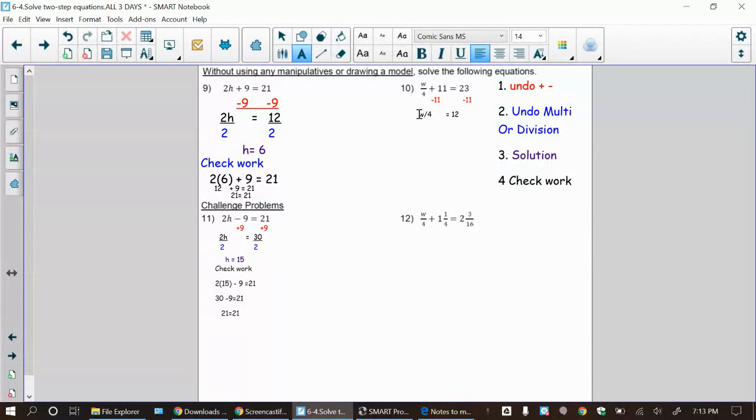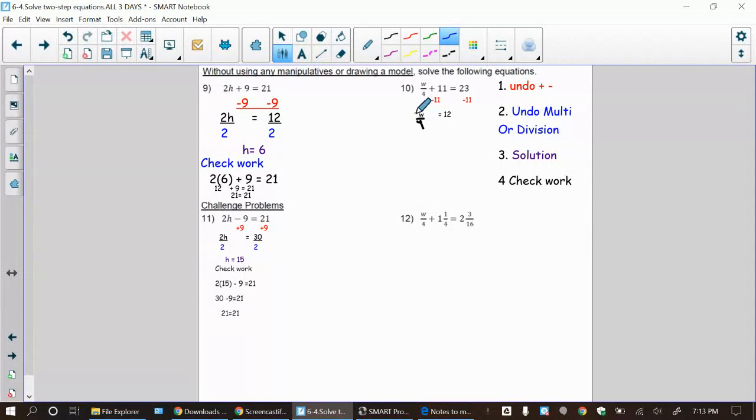So you need to show that you are multiplying both sides by basically 4 over 1. Let me show you how, if you're writing with a pencil, how this would look. W, and then you have your division with 4, right? Invite that invisible 1 to the party.